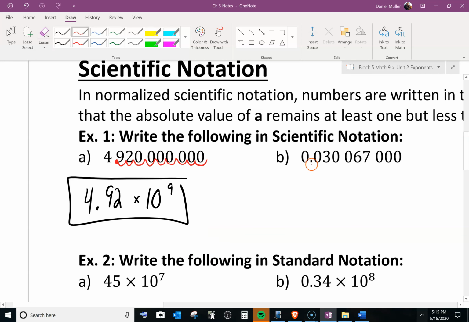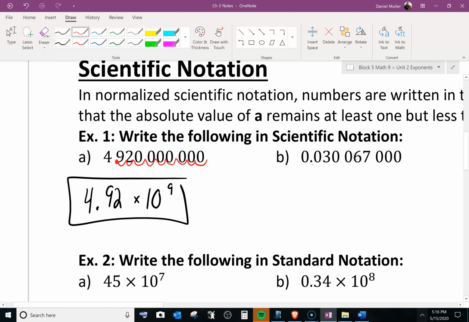So let's look at the next one. Here's the decimal place. We need to move this over until we get to a number that is less than 10. If I move it over to here, say, I would get 30.067. Don't want that. If I move the decimal place here, I would get 300.67.